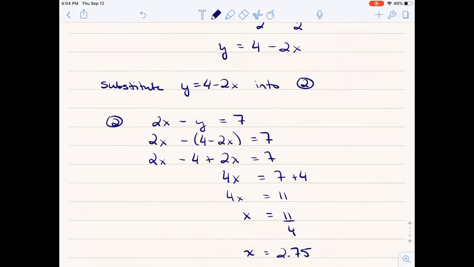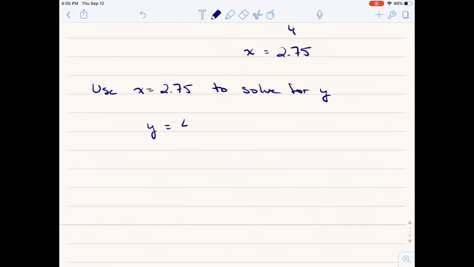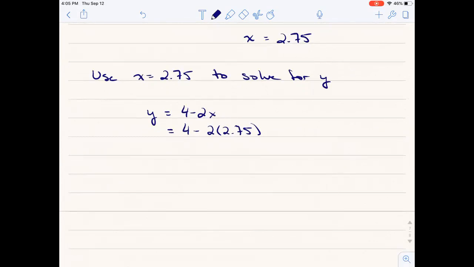Remember, we said y is 4 minus 2x. So 4 minus 2 times 2.75 is 4 minus 5.5.